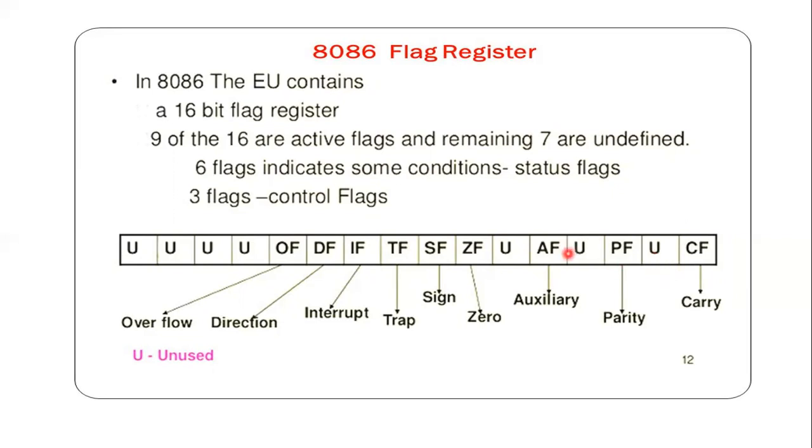U specifies the undefined bits, here 1, 3, 4, 5, 6, 7. These are the undefined bits. Six flags indicate condition status, so they are called the status flags, and 3 flags are control flags. Let us see them one by one.